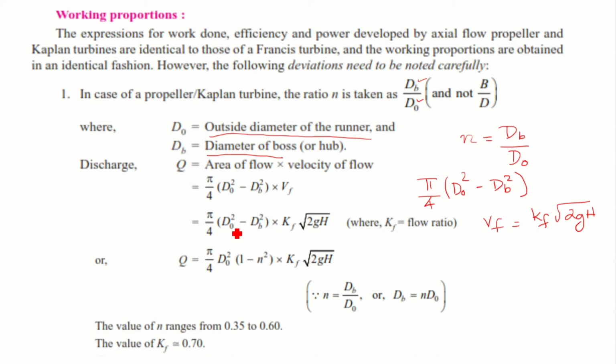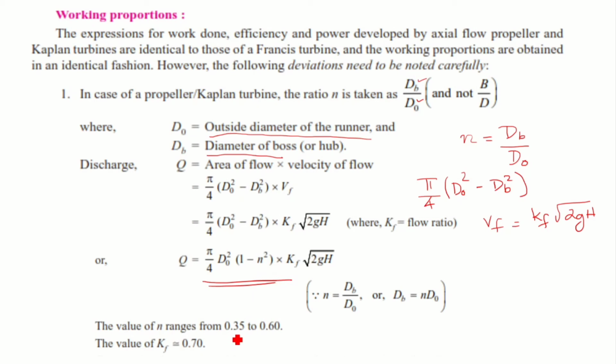If we take dO square outside, the equation becomes pi by 4 dO square into 1 minus n square into Kf into root 2gH, where n is the ratio of dB divided by dO.